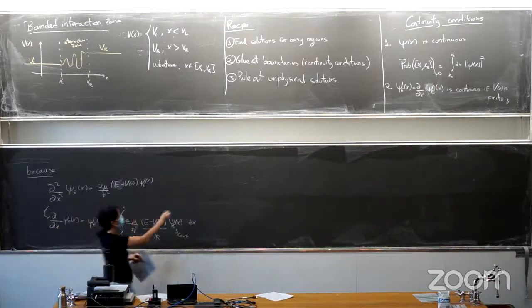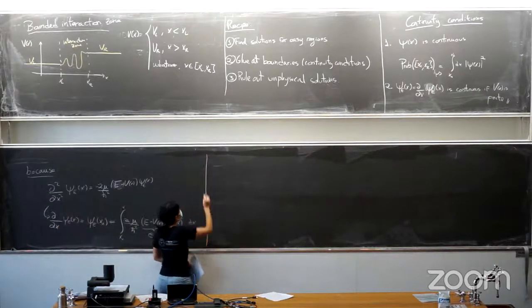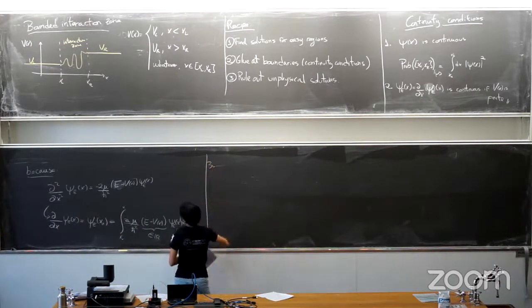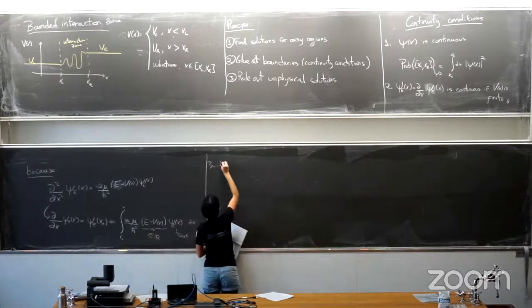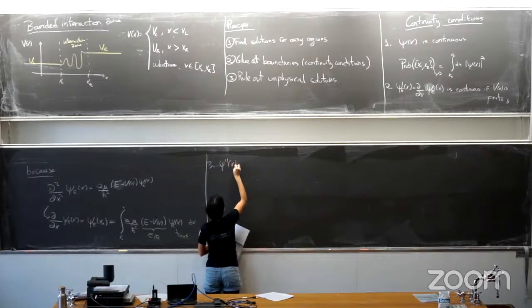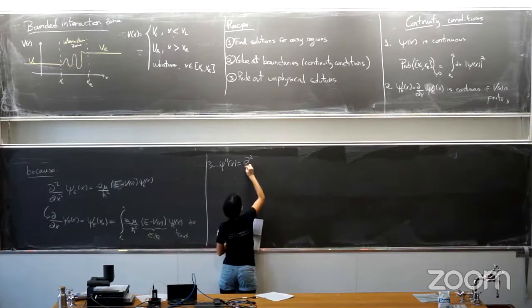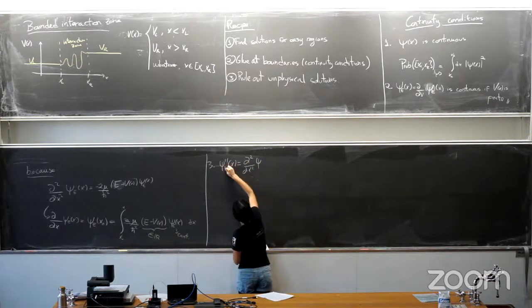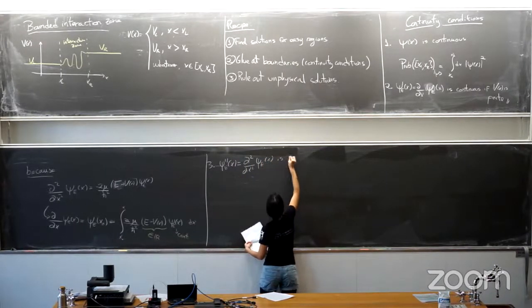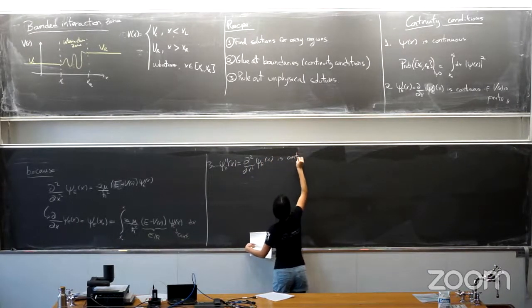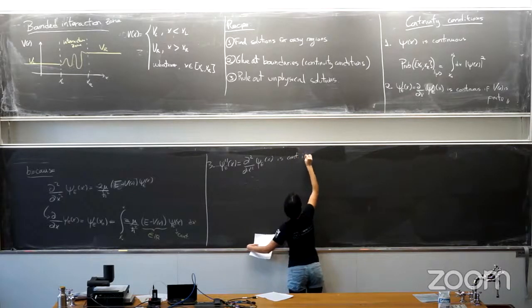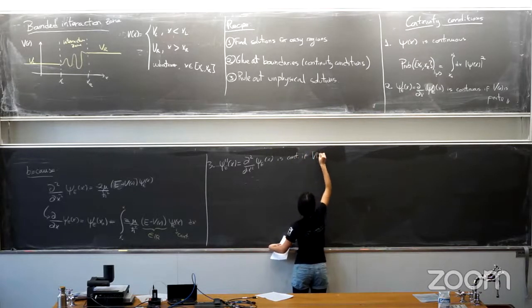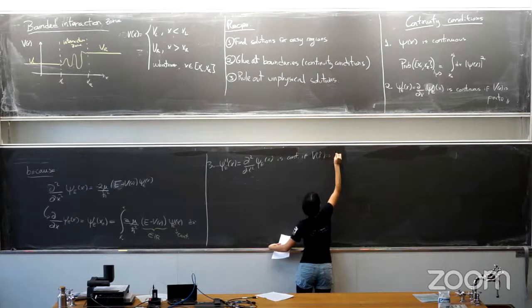Number 3. Well, the second derivative for an energy eigenstate is continuous if V of x is continuous.